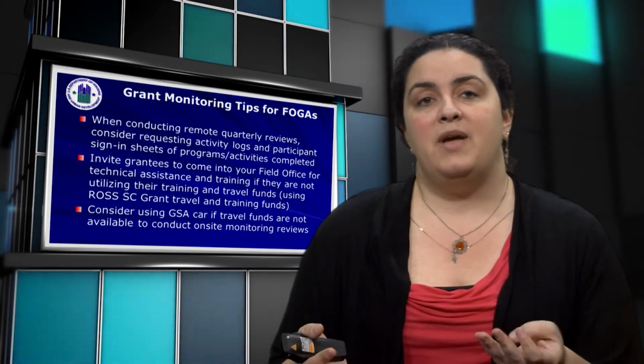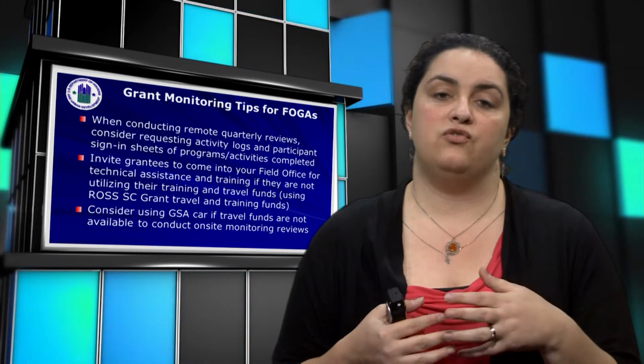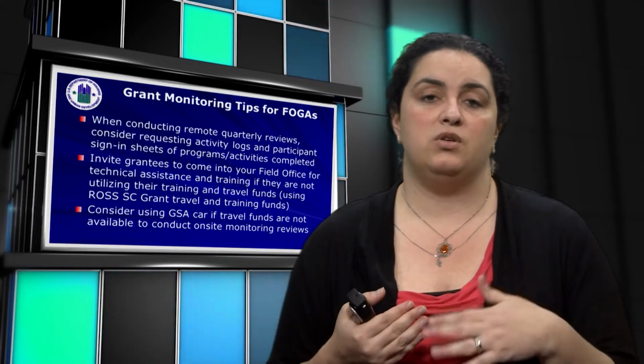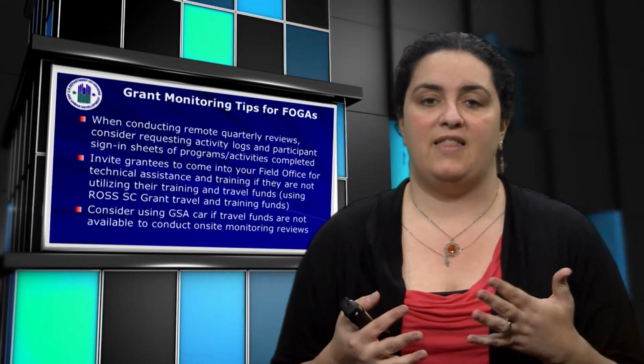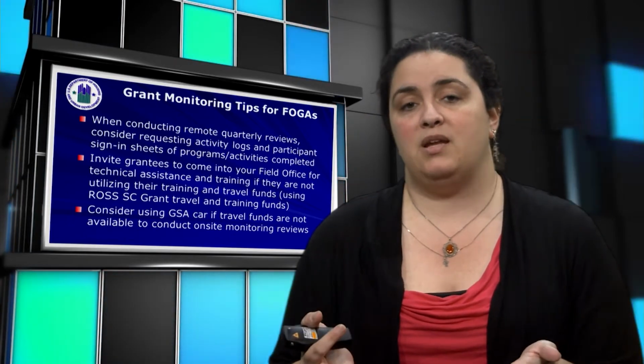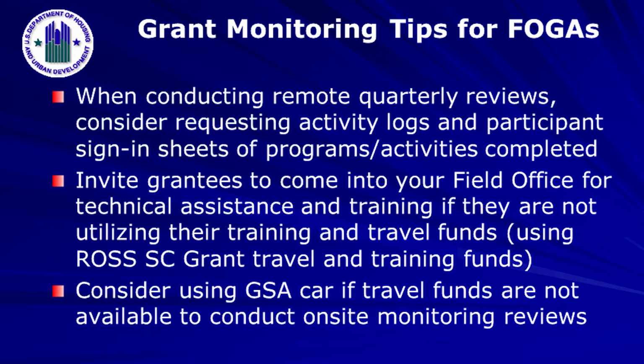So we also recommend, I know that in the ROSS program they have funds for training, and a lot of the ROSS grantees use their money to go to conferences and things like that. But in FSS, there's no extra money for training. So an idea might be to invite the grantees to come into the field office for technical assistance and training, if they're either not using their ROSS training or travel funds, or if they don't have any travel funds, a car ride may be very doable.